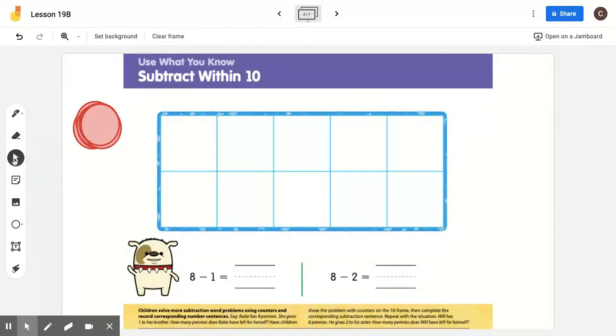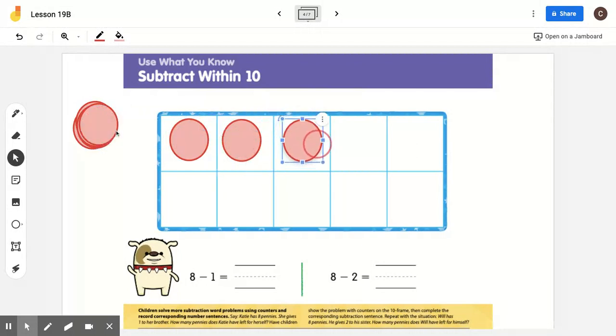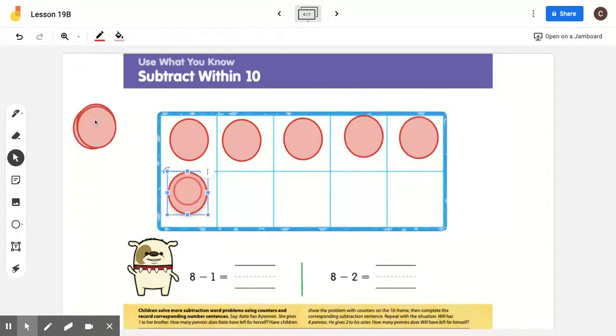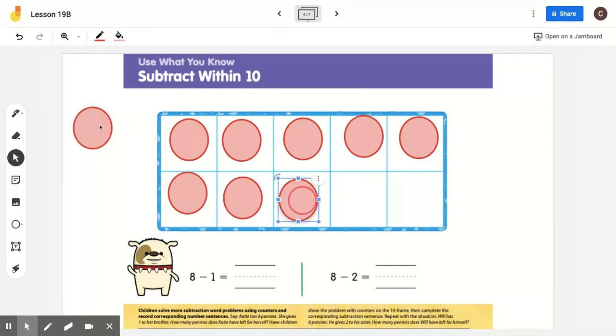So if we have my friend Kate, she has 8 pennies. So I'm going to have 8 circles. We know that when we make an 8 in a 10 frame, it's 5 on the top and 3 on the bottom. She gives her brother 1.